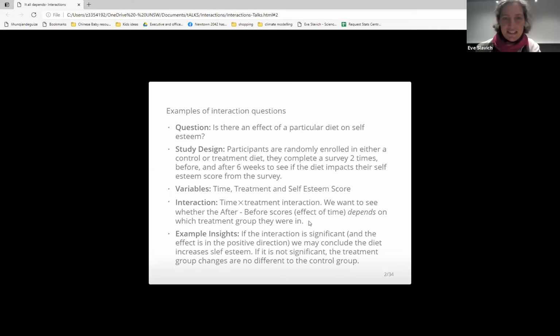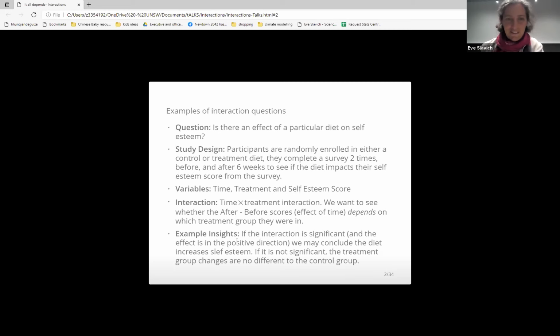In this study, the interaction that we're going to talk about is a time by treatment interaction. So we want to see whether the difference in the scores, so after minus before, which is the effect of time, depends on which treatment group they were in. An example insight you might get is that if the interaction was significant, we might conclude that the diet increases self-esteem.